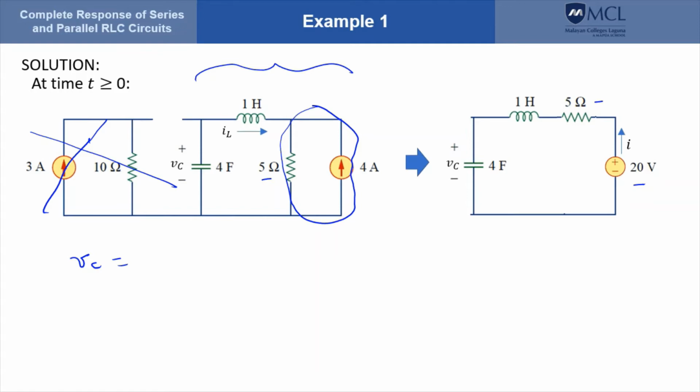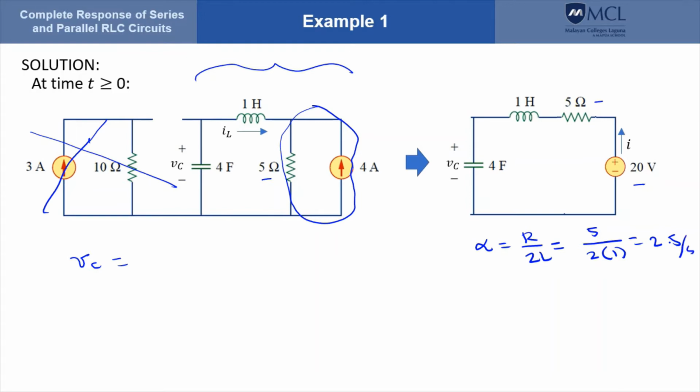Our alpha here is R over 2L, and that is 5 over 2 times 1, and that should give us 2.5 per second.